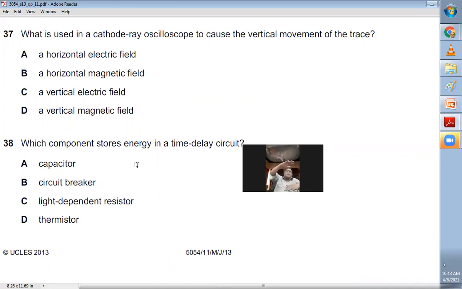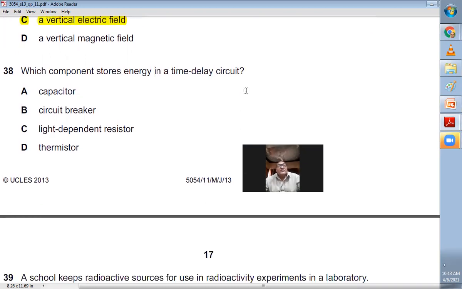If the upper plate becomes positive and the lower plate negative, the electron beam will be attracted upward. If the lower plate becomes positive and the upper plate negative, the electron beam will be deflected downward. We use a vertical electric field to deflect the electrons. So question number 37, C is the right choice.